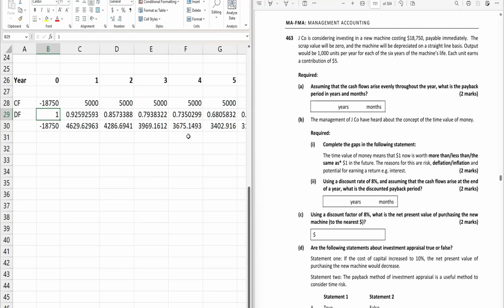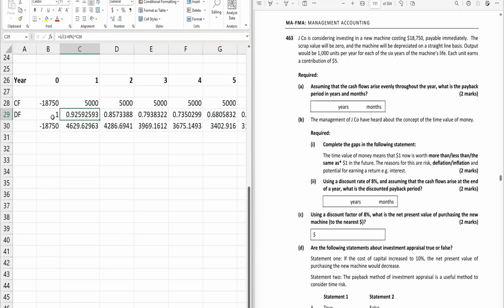You can also calculate the discount factor using the Excel tool. So I have done the same. For the discount factor for 1 year at the rate of 8%, I have taken 1 and divided by 108%, raised to the power of the number of years.